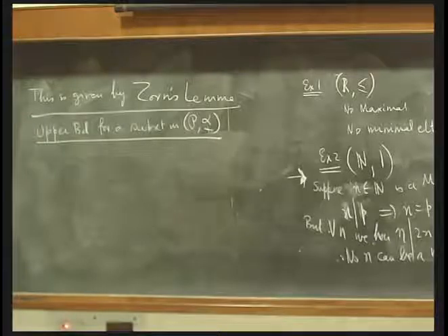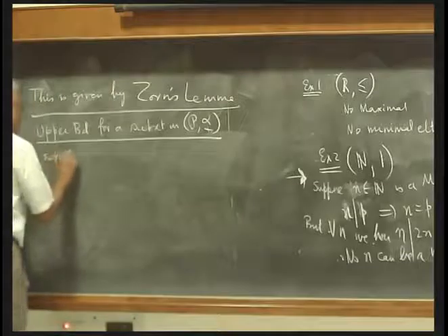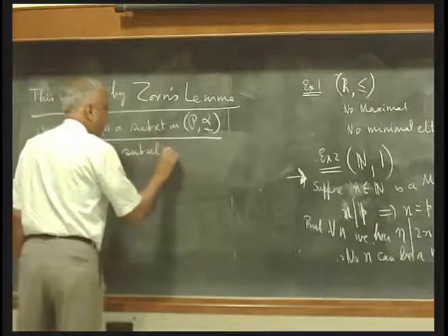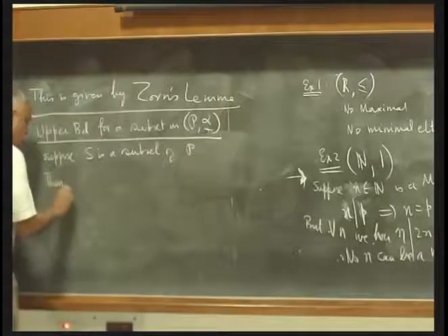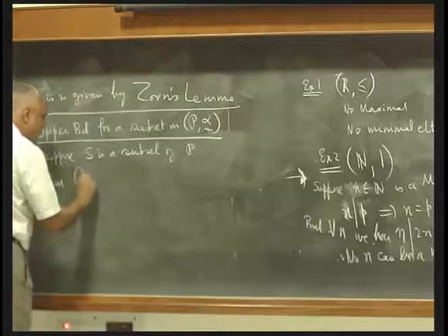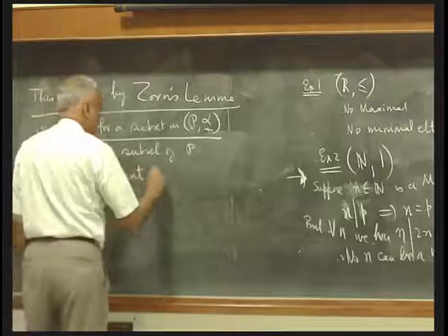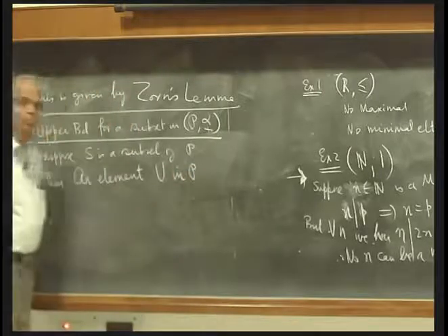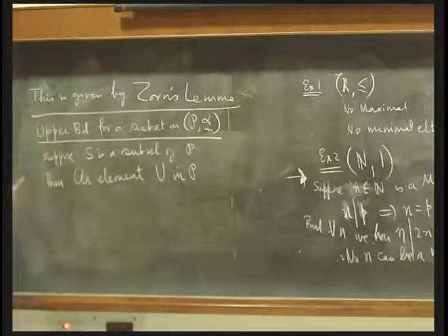So, suppose S is a subset of P, watch the word, then an element U in P. That U may be in S or may not be in S. As long as it is in the poset, that's okay for me.